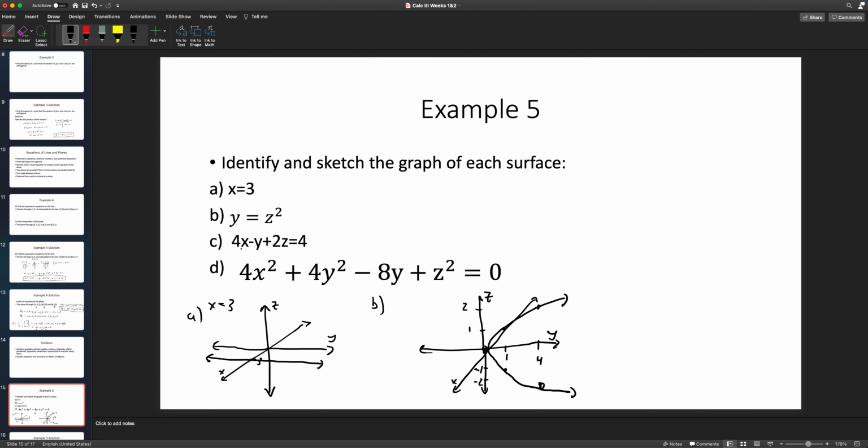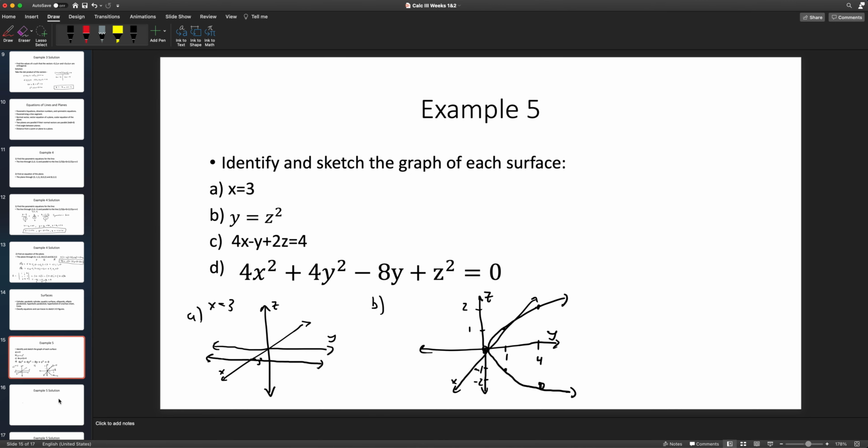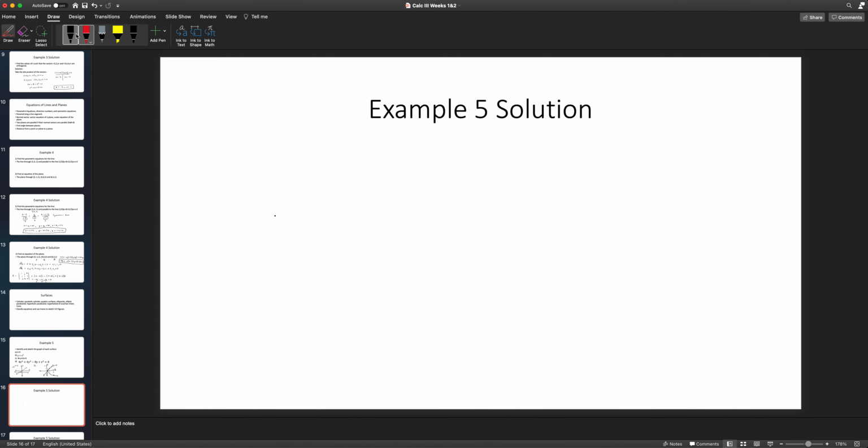Now for the last two, I'm going to go to the next slide. You're going to see here for the next two, we got 4x minus y plus 2z is 4. This is a plane where you want to take traces.